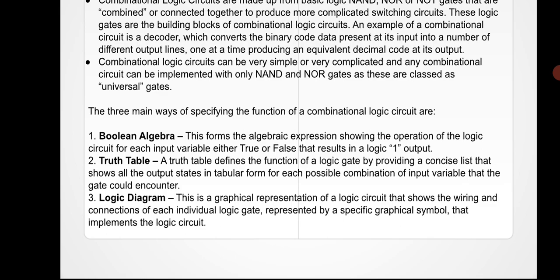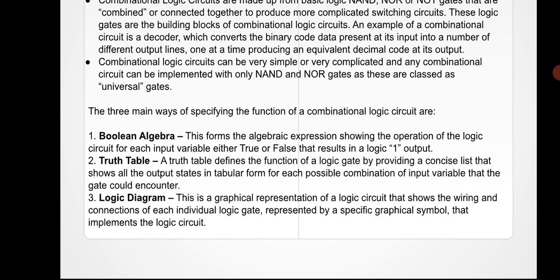As human beings, we can grasp that concept very easily when we have some graphical representation of circuits, isn't it? So that is one of the easiest ways of specifying the function of a combinational logic circuit.